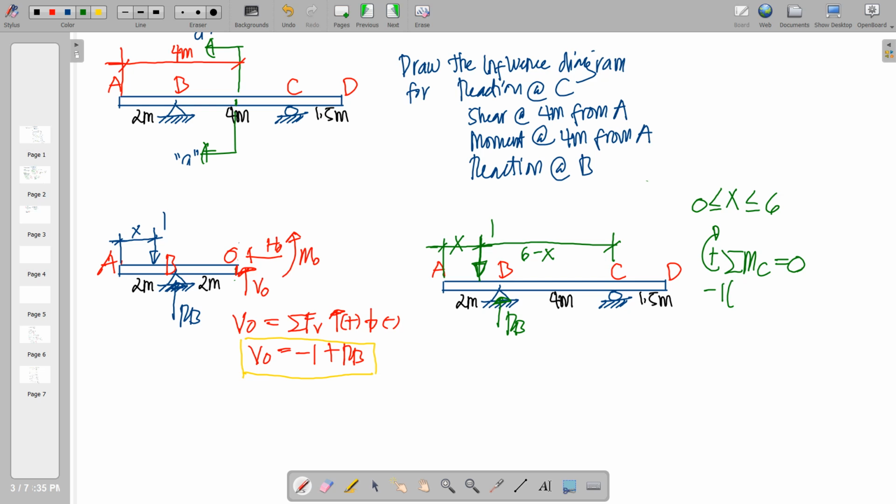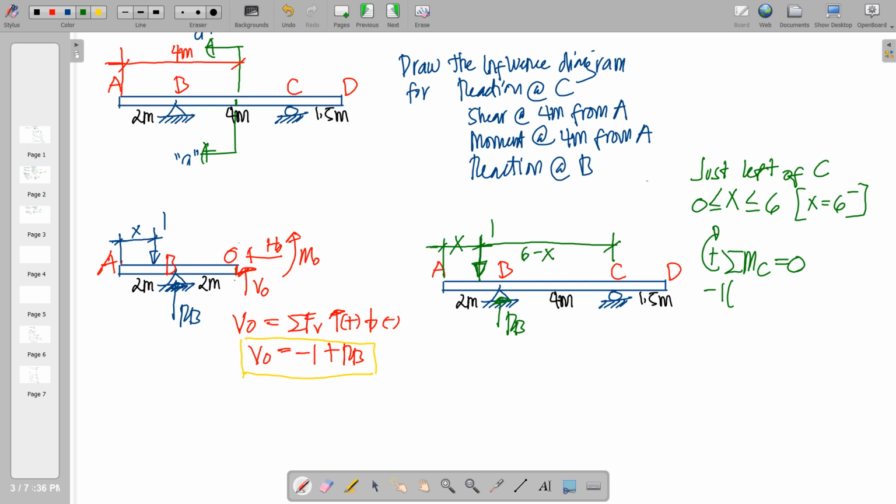So this is actually just left of C. So it's denoted by x equal to 6 or less than 6.